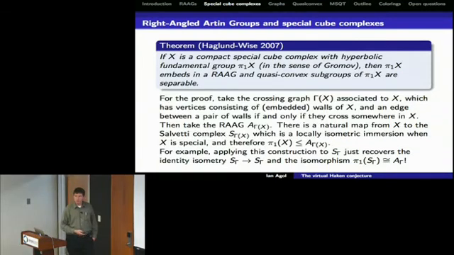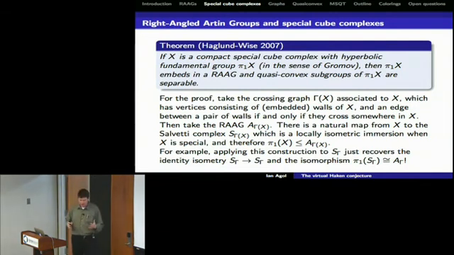So you could apply this example to a Salvetti complex. I said Salvetti complexes are special cube complexes. This construction, if you apply it, just gives the identity map from the Salvetti complex to itself and gives a pi 1 injection that way. So that's a special example of their construction. Now the subgroup separability follows from certain subgroups of right-angled Artin groups being subgroup separable.